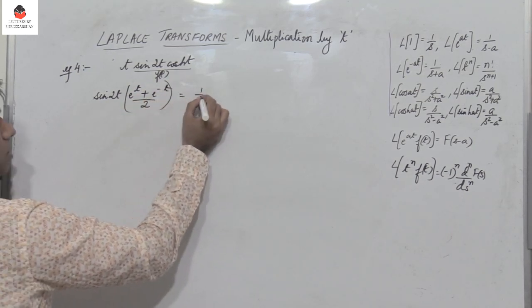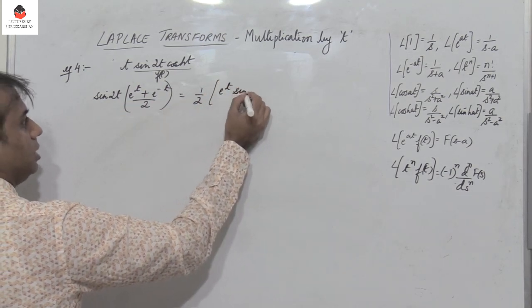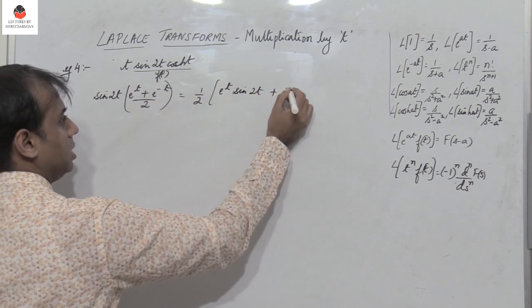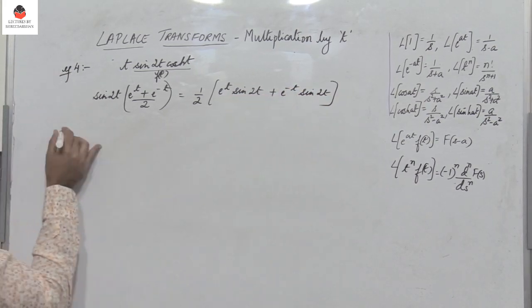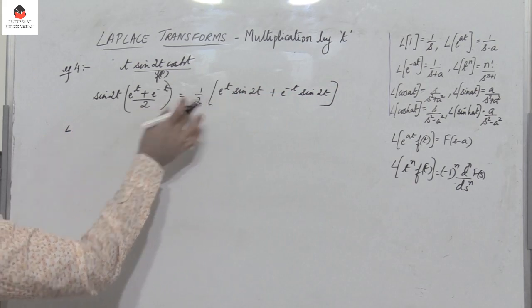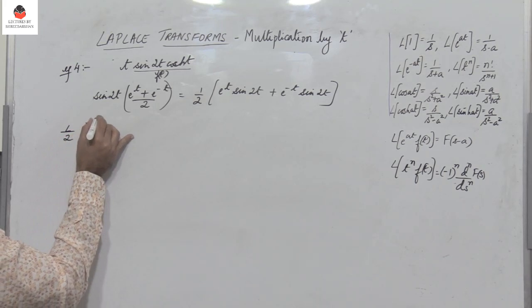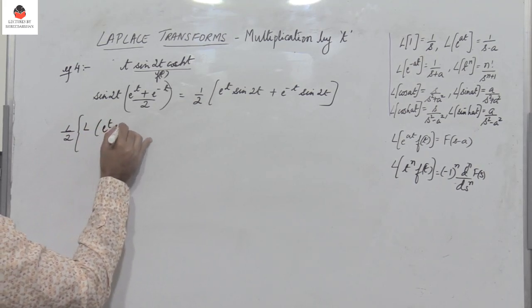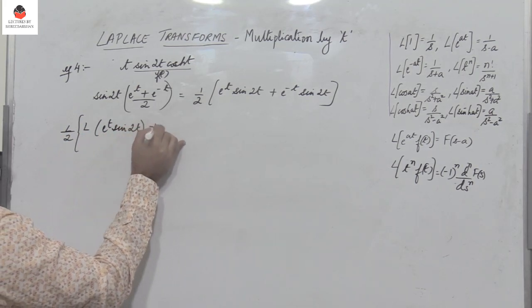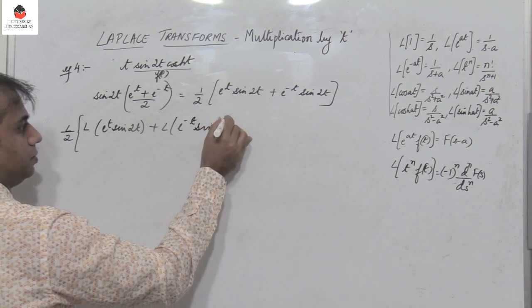So this would give me 1 by 2 into e power t sine 2t plus e power minus t sine 2t. So we need to find the Laplace transform of this entire term. So this would be equal to 1 by 2 into Laplace transform of e power t sine 2t plus Laplace transform of e power minus t sine 2t.